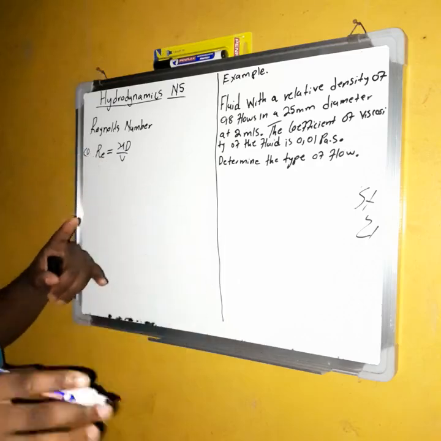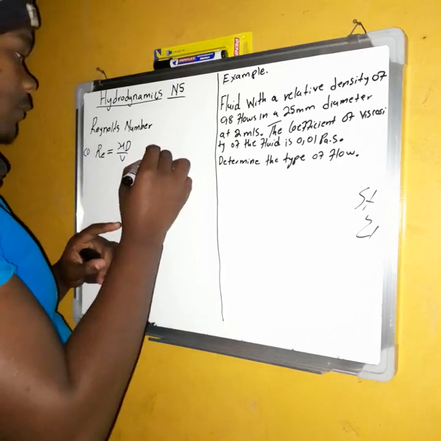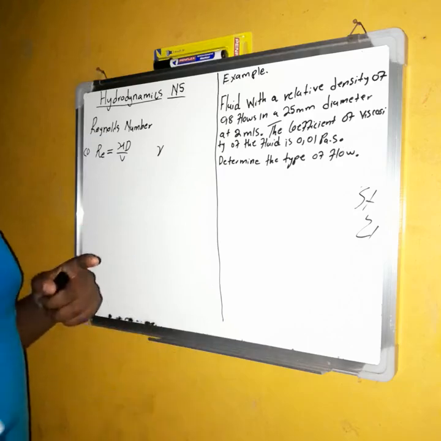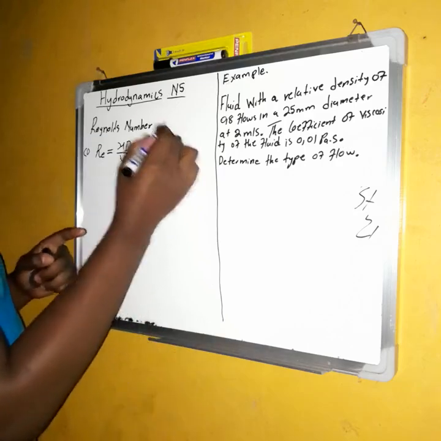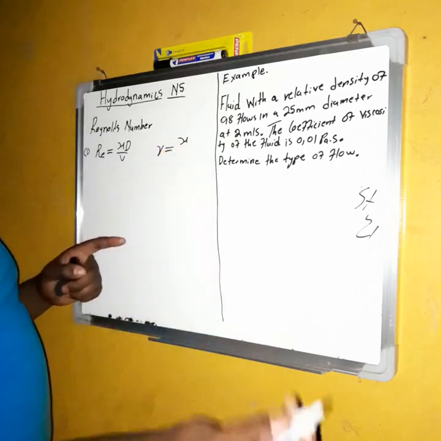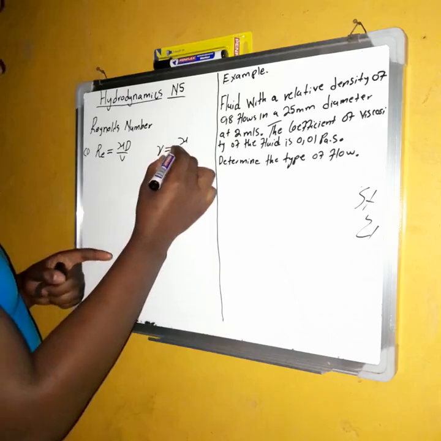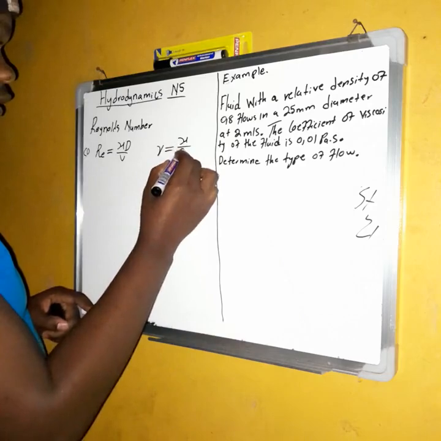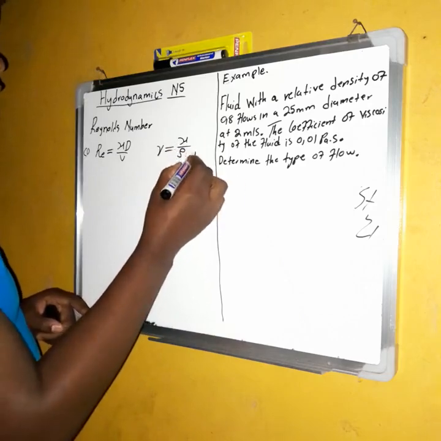I want us to check if you are given kinematic viscosity. We've learned about this. We know kinematic viscosity is the coefficient of viscosity, or dynamic viscosity, divided by density, or rho.